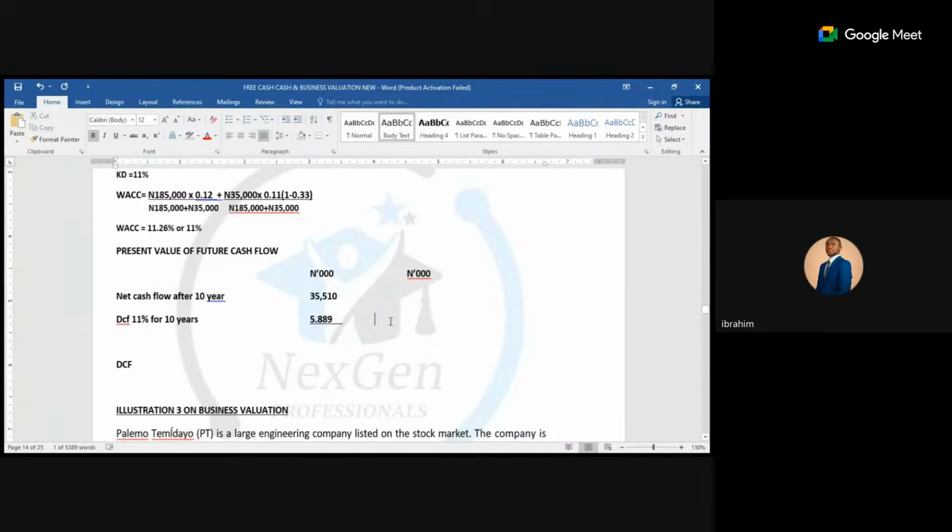What will be the present value for this? Operating cash flow. Okay. If you multiply this, class, what do you have quickly? 209,118.